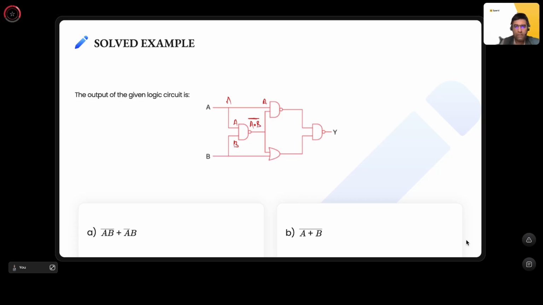And here it will be A bar dot B and A dot B bar. So it's again a NAND gate, and this is an OR gate. So the output here will be A dot AB bar to the whole bar.